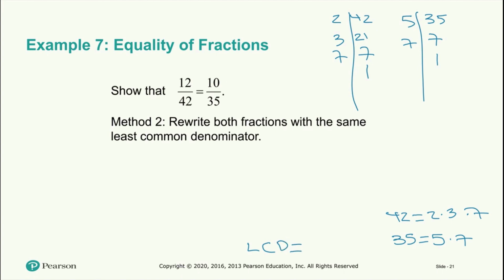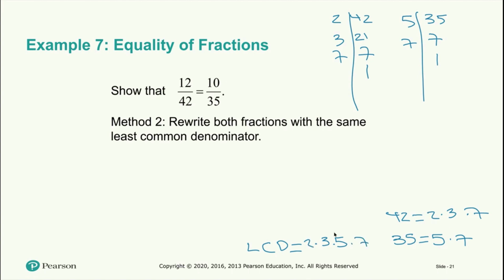Remember, it's just the LCM of all the denominators. So we're going to need the highest power of each factor that we see in all factorizations. So we need a 2, we need a 3, we need a 5, and we need a 7. We're going to multiply all that out, and that will give us the least common denominator.